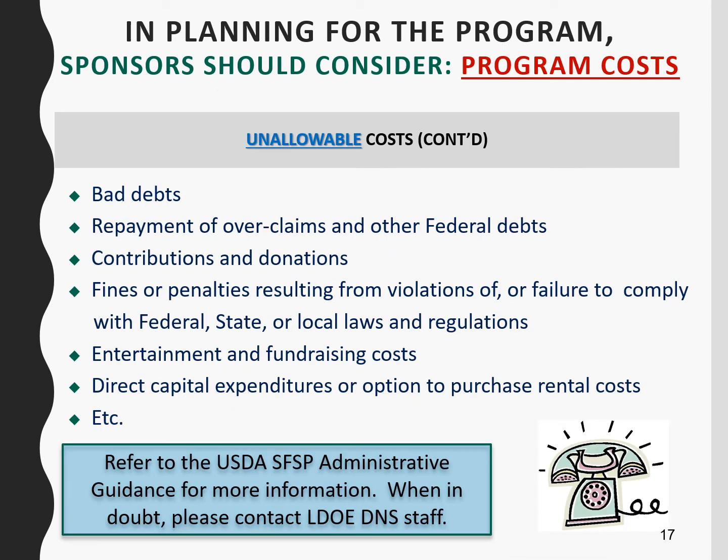Other unallowable costs include bad debts, repayment of overclaims and other federal debts, contributions and donations, fines or penalties resulting from violations of or failure to comply with federal, state, or local laws and regulations, entertainment and fundraising costs, direct capital expenditures, or option to purchase rental costs, etc. Please refer to the USDA SFSP administrative guidance for more information. When in doubt, always contact LDOE DNS staff.